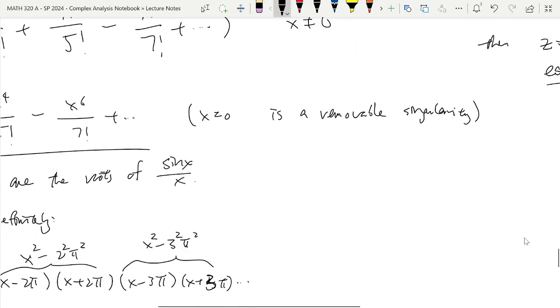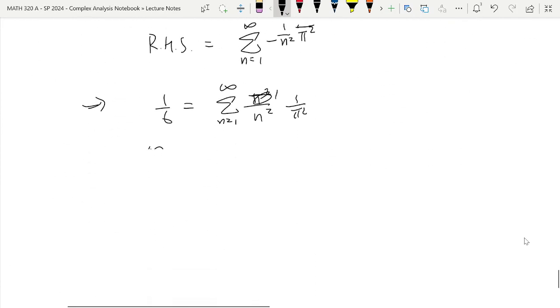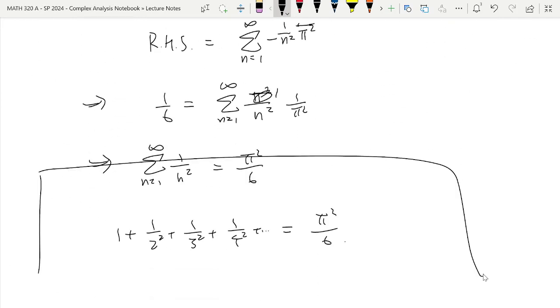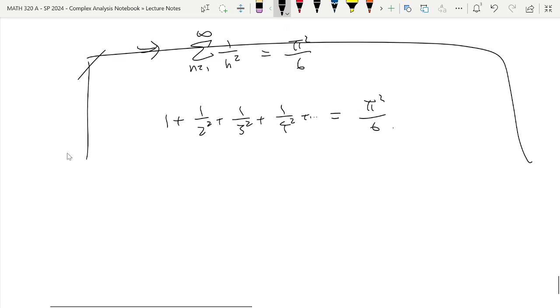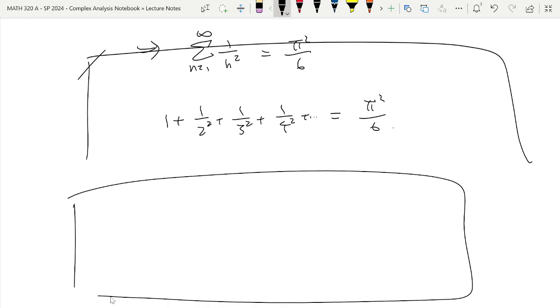So in summary, let me write it down at the very bottom, just a few names. The very last thing is that if f is not analytic at z equals z naught, then z naught is called a singularity.